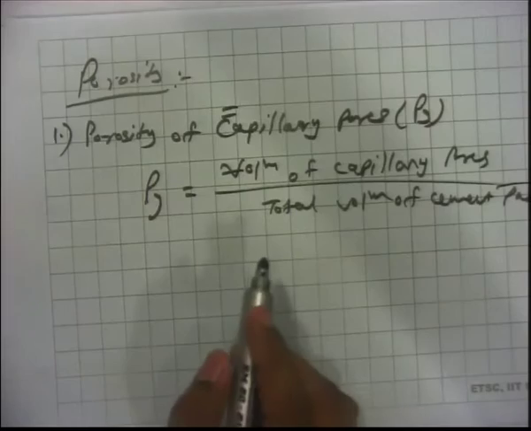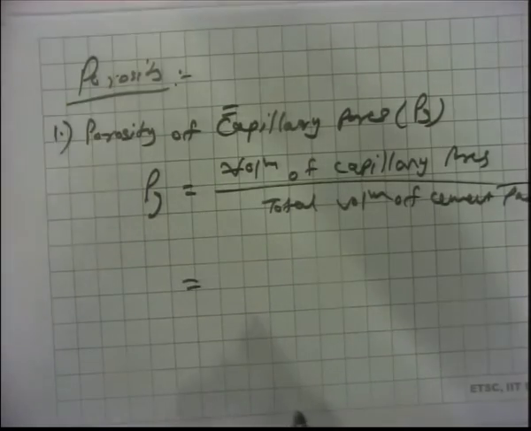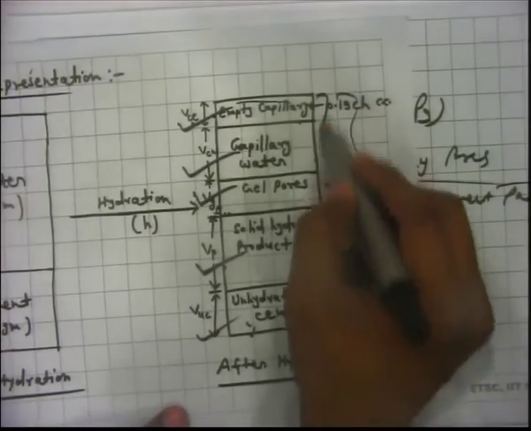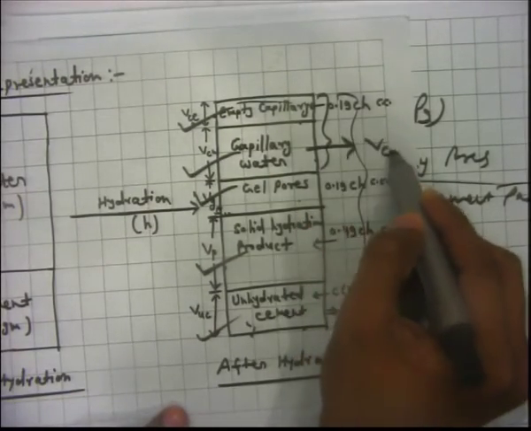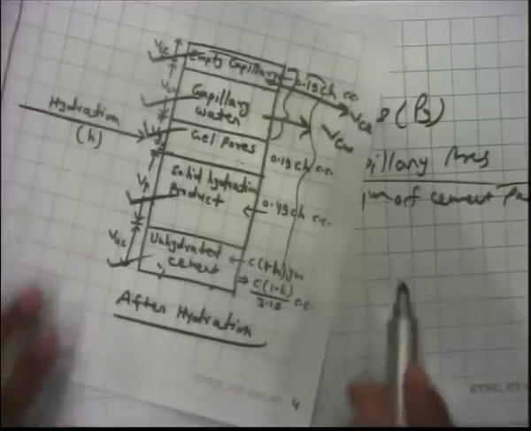Now, we will just have to put these values. Capillary pores will be the sum of these two, capillary water VCW and the empty capillary VCE. We have already calculated this.